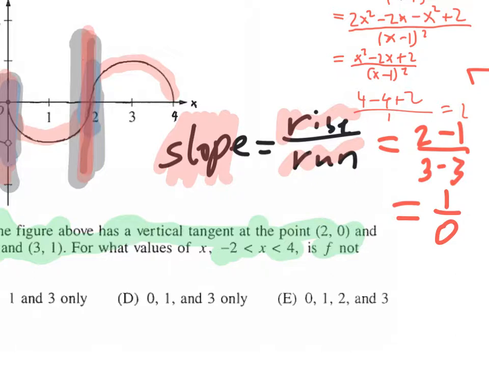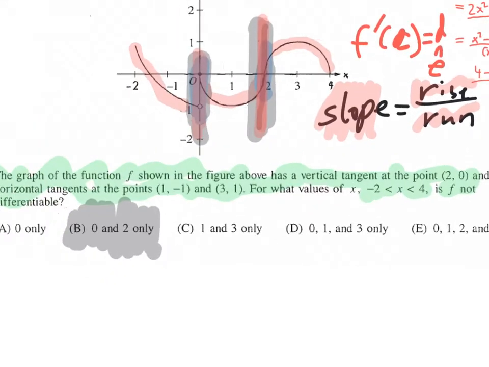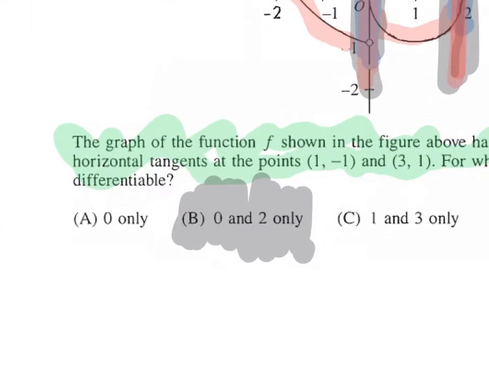Since f prime doesn't exist, because that's a fraction where the denominator is 0, it's not differentiable at that number. Alrighty, so hopefully that cleared it up. So this one is the one you knew for sure. I just tried to clear up if you were confused about why 2 would not be differentiable.